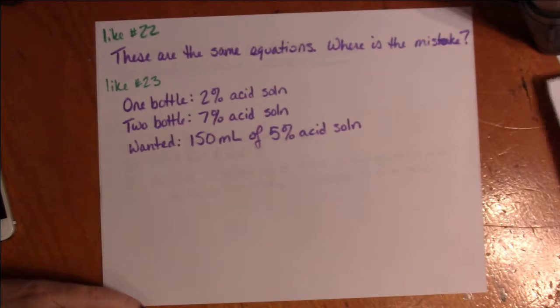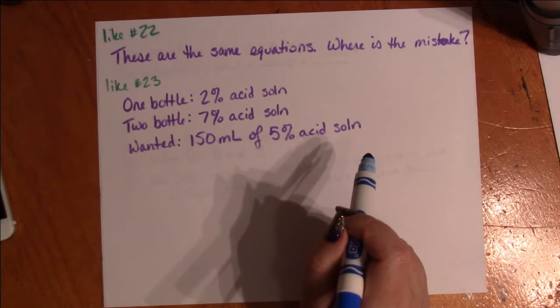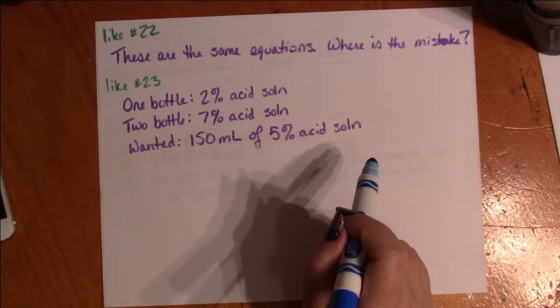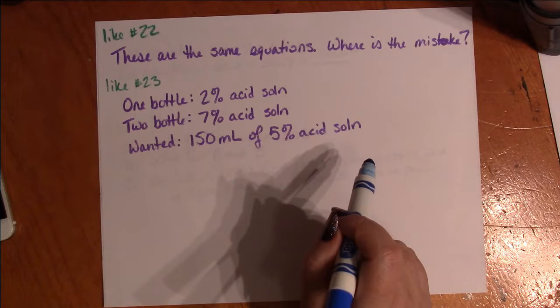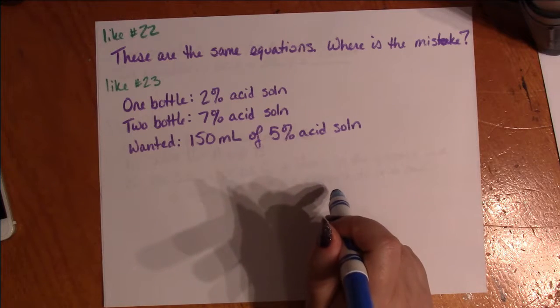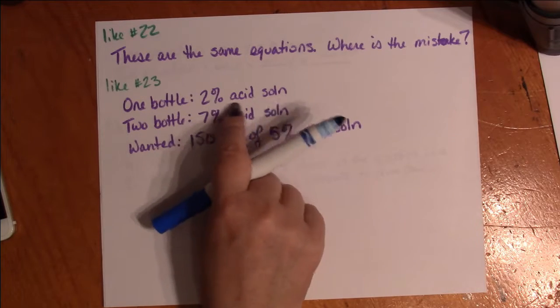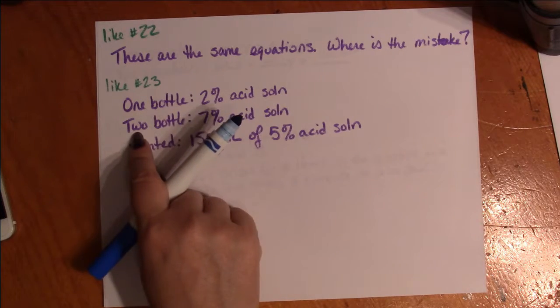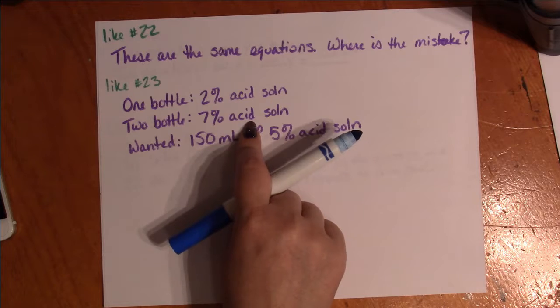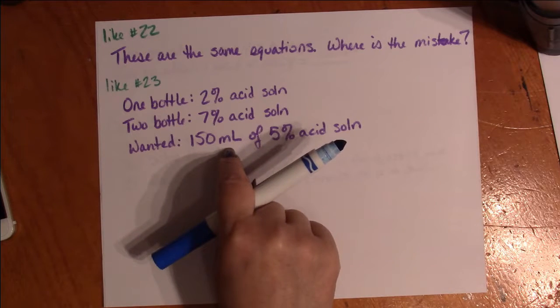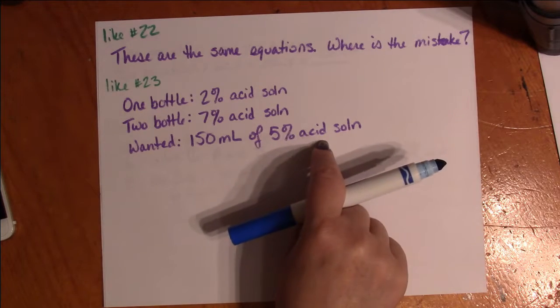Number 23. Number 23, you will also be eventually asked in a chemistry class in high school. This is a favorite type of question to ask. You have one bottle that, in my problem, has a 2% acid solution, and bottle number 2 has a 7% acid solution, and you want 150 milliliters of a 5% acid solution.